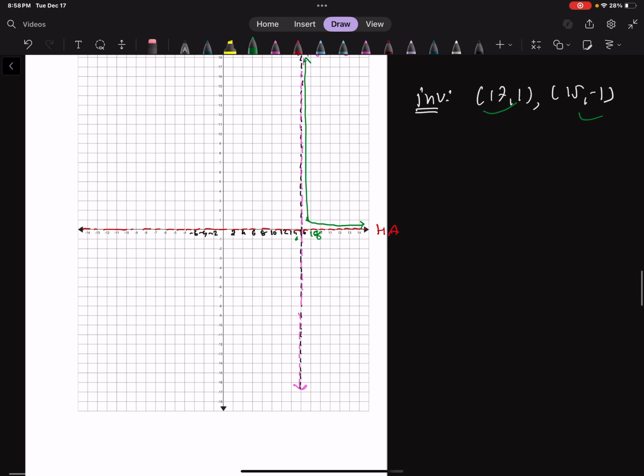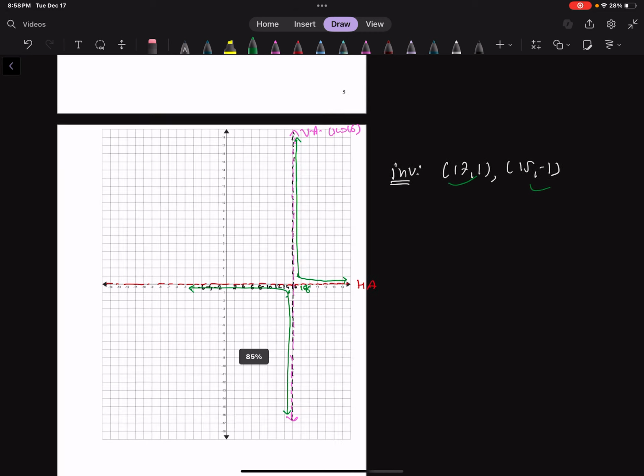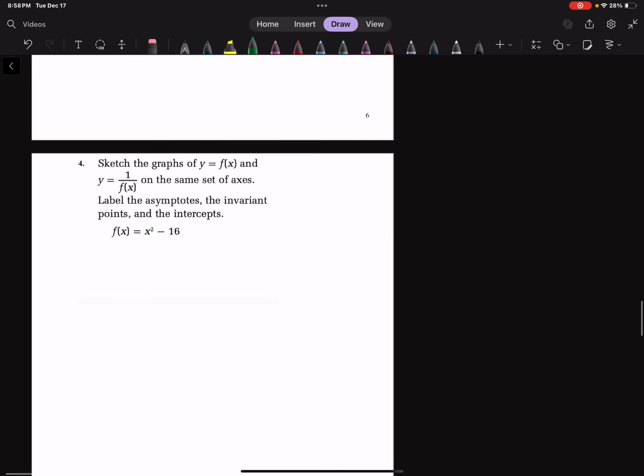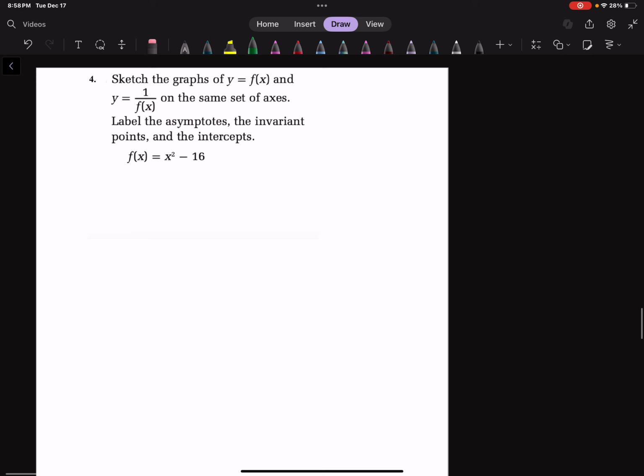And another one goes here. If you want to make an exact graph, we can pick some more values. This is the graph of that. The same thing is asked here, but it is quadratic.